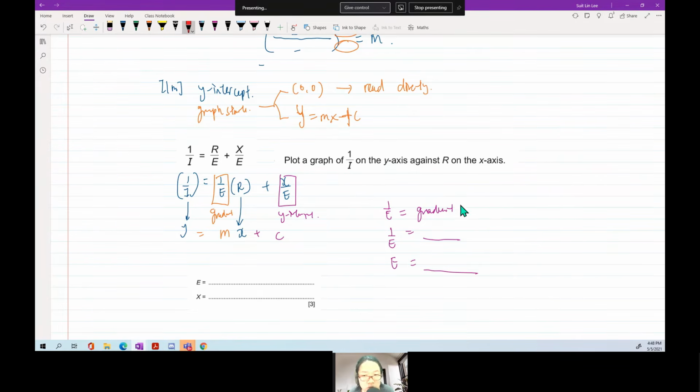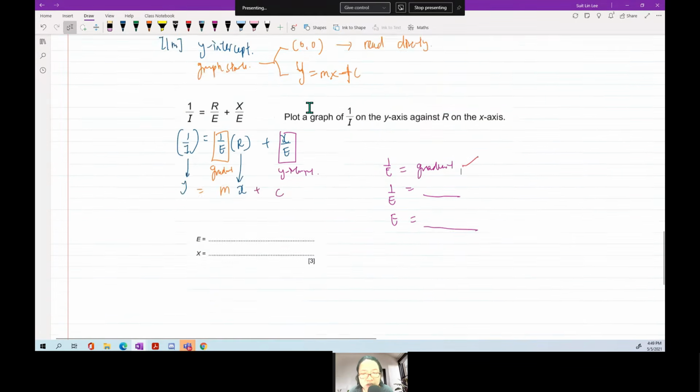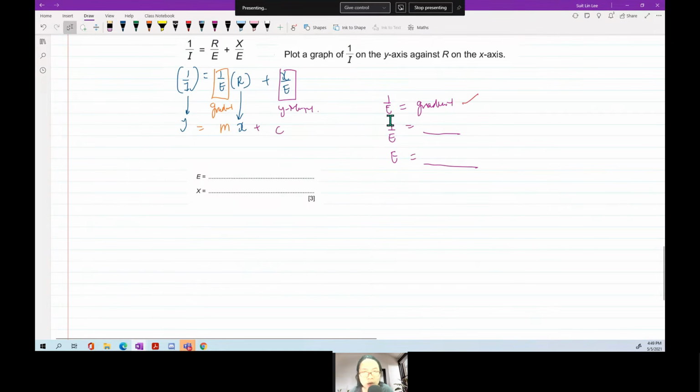Highly likely you will lose a mark because what are you doing? Nobody knows what you're doing. So please explain to the examiner whatever value you got for your gradient here, you are using this here because you know that 1 over E is gradient. Write this. All right. X over E is equal to y-intercept.